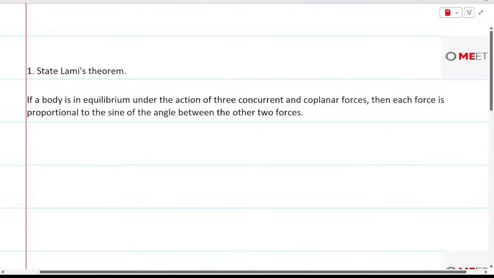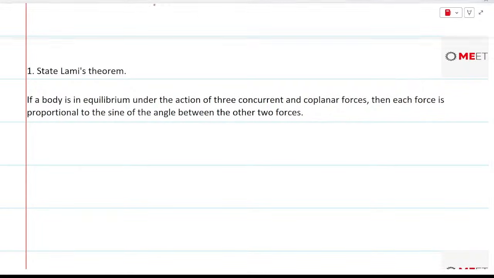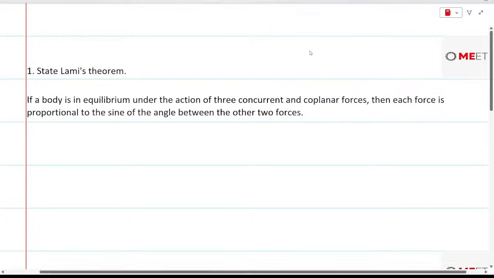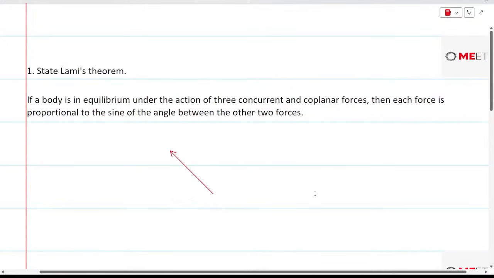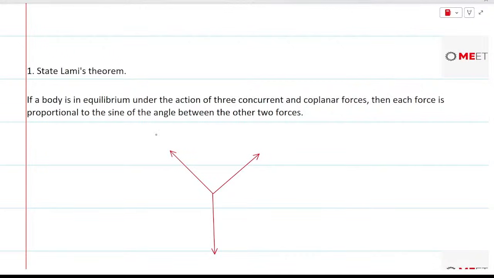State Lami's theorem. If a body is in equilibrium under the action of three concurrent coplanar forces, then each force is proportional to the sine of the angle between the other two. So if there are three coplanar and concurrent forces, then each force is proportional to the sine of the angle subtended between the other two forces.